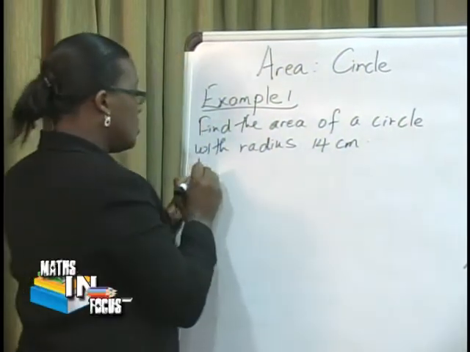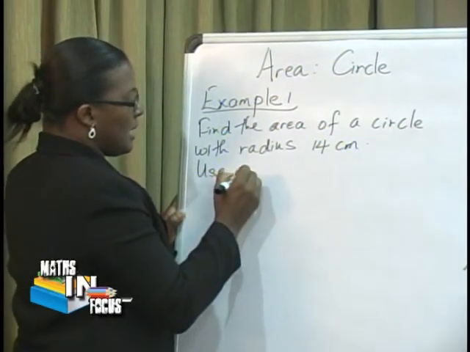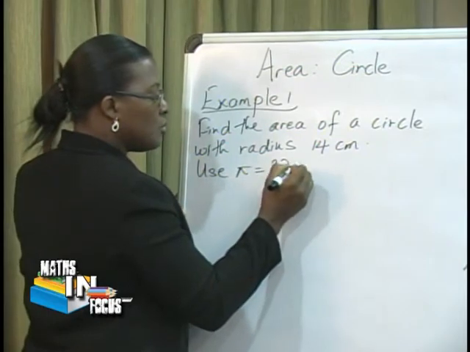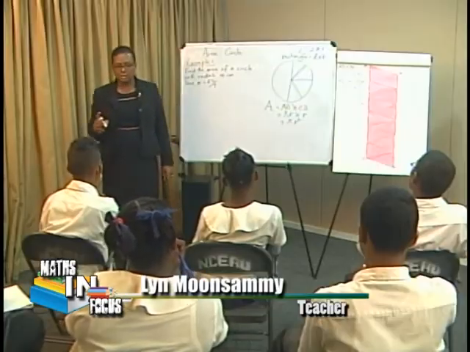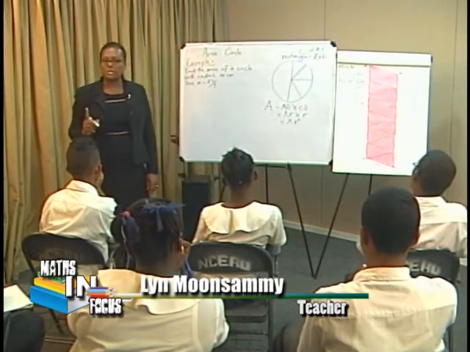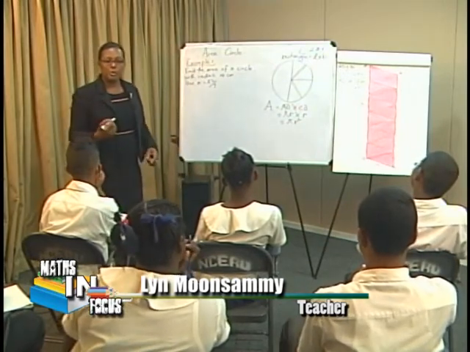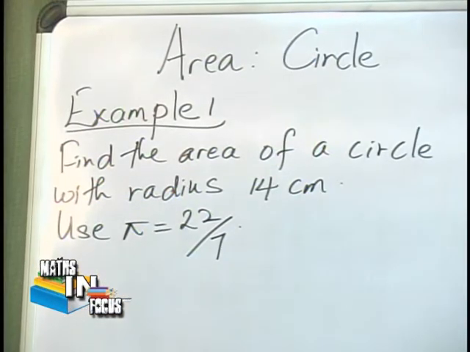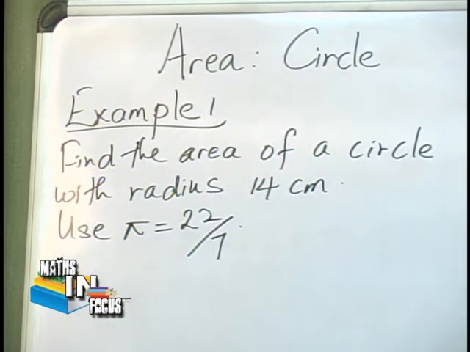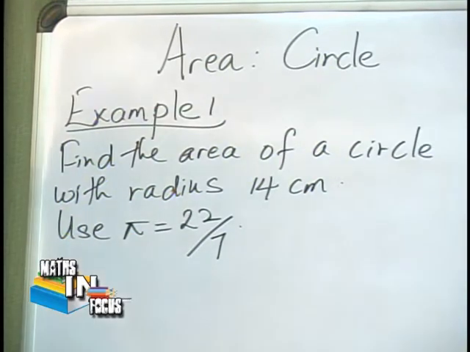And we're going to use pi equals 22/7. So we have a circle with a radius that is 14 centimeters long, and we're curious to find out what is the area. What is the size of the surface that is bounded by this curve?